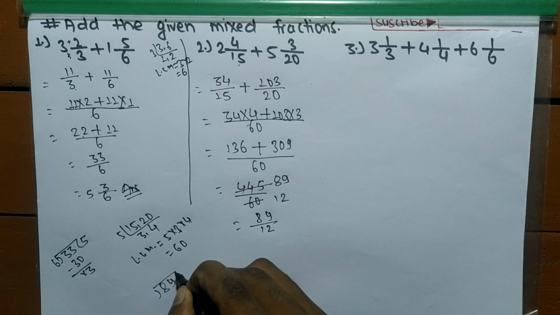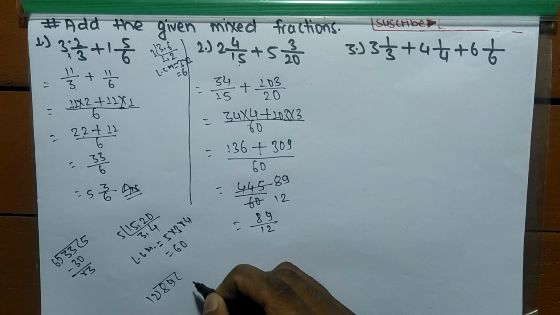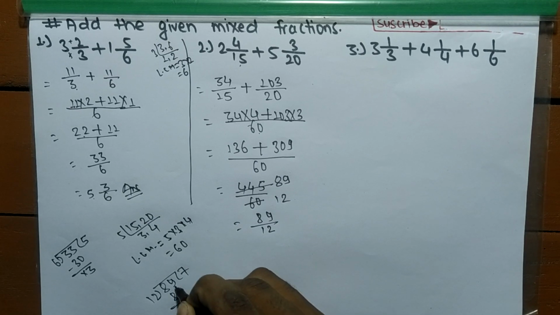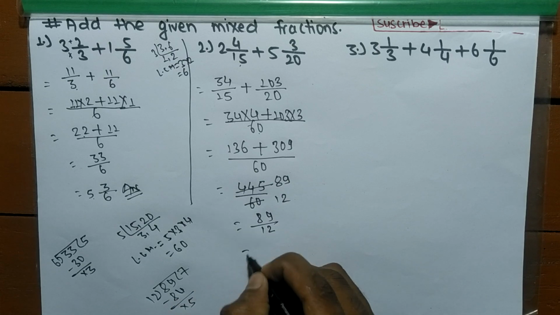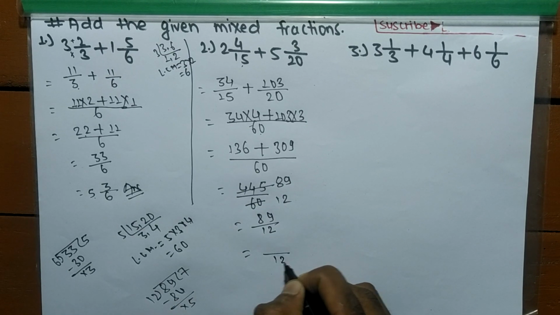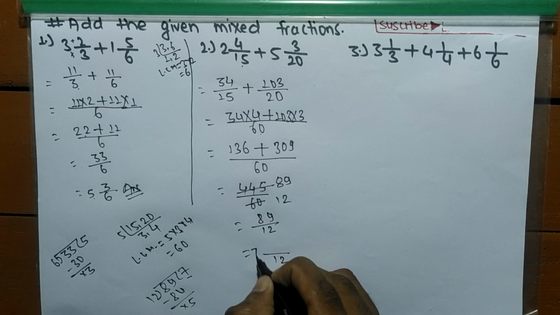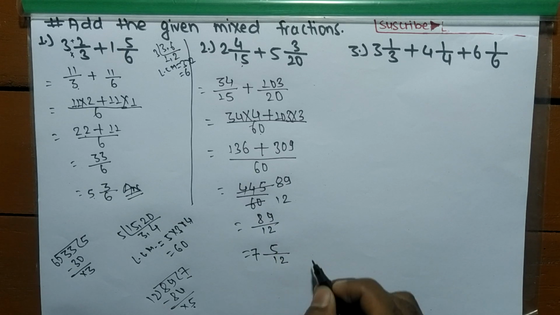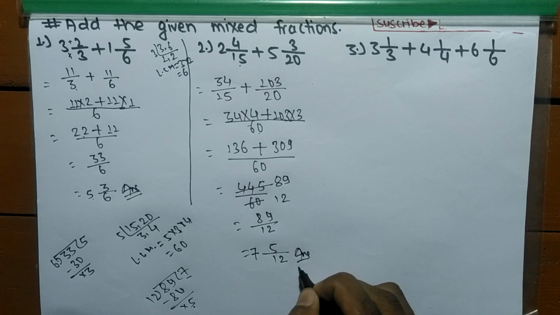So while converting, 89 is divided by 12. So 12 times 7 is 84, 89 minus 84 means it is 5. So in the denominator part 12 is same, quotient is 7 here, so 7, remainder is 5 here, so 5. So 7 whole 5 by 12 is our answer.